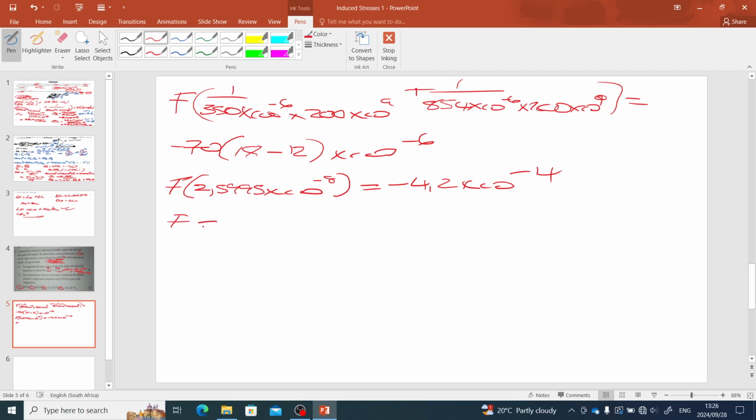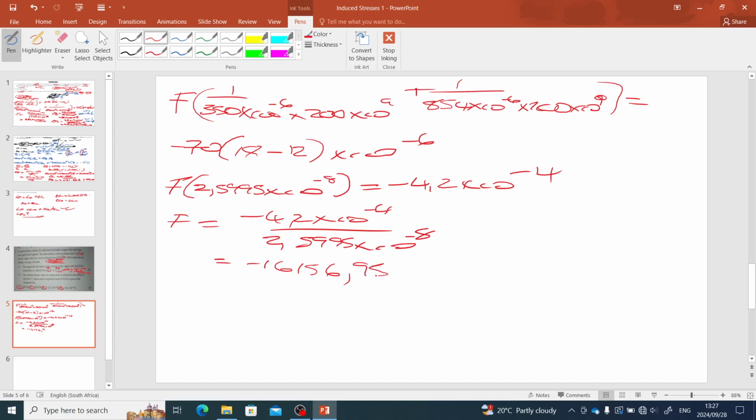Then our force would be negative 4.2 times 10 to the power negative 4 divided by 2.5995 times 10 to the power negative 8. Then we get our force there as negative 16,156.953 Newton.